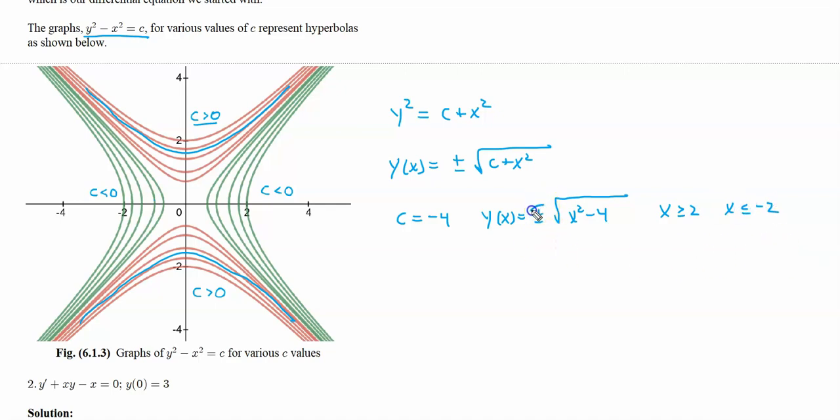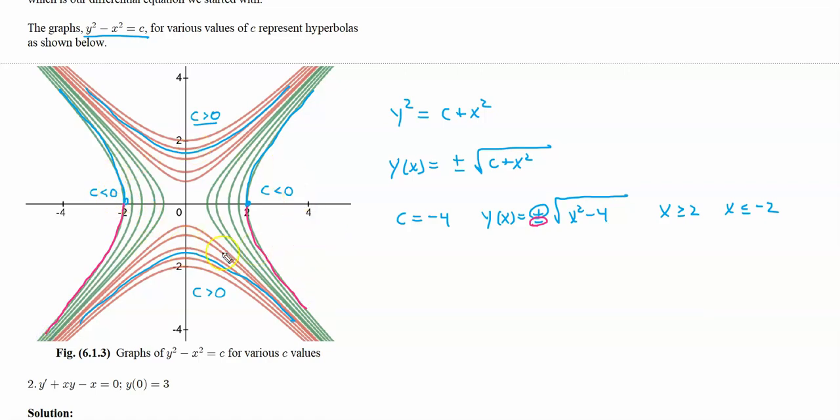So what the positive function would generate then would be these curves right here. It would generate this one and this one over here. And then the negative curve would generate this one down here and this one right here.